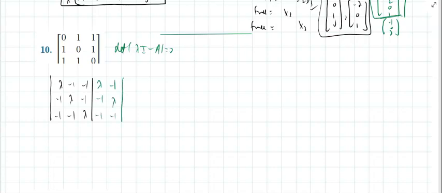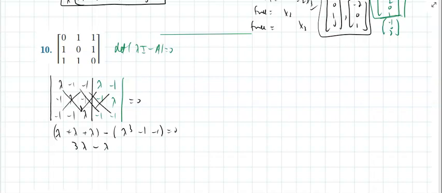So the determinant of this will be positive lambda plus lambda plus lambda, lambda cubed, minus 1 minus 1 equal to 0. That's the shortcut. 3 lambda minus lambda cubed plus 2 equal to 0.